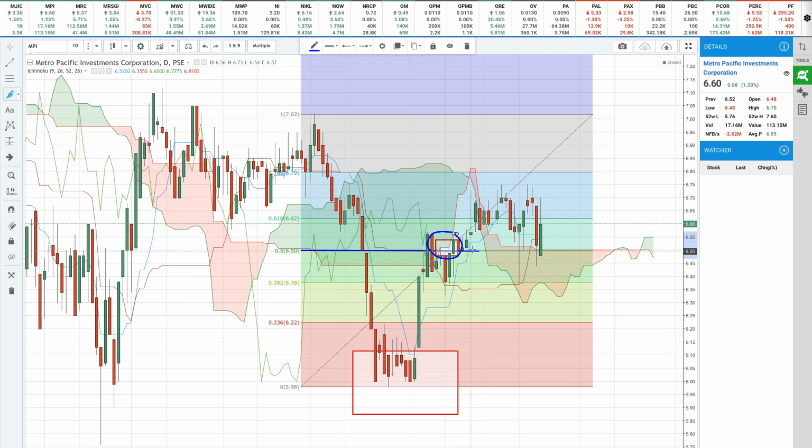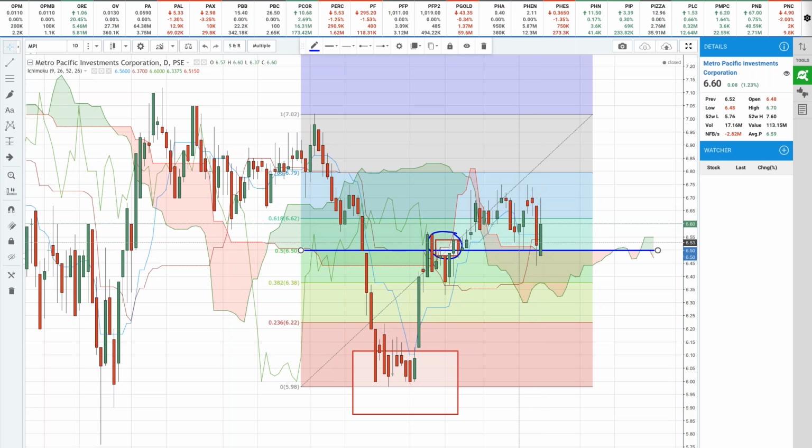And then price trended above the Tenkan-sen line. However, remember again, we said that previous resistance becomes support. So price broke above the Kumo, but it started consolidating sideways from there. And if we extend this level, we find that price again used that level as support.